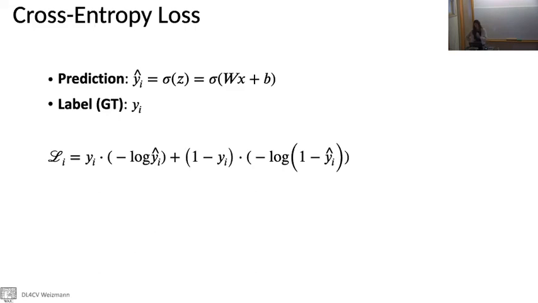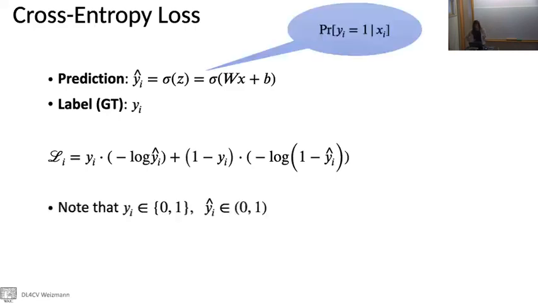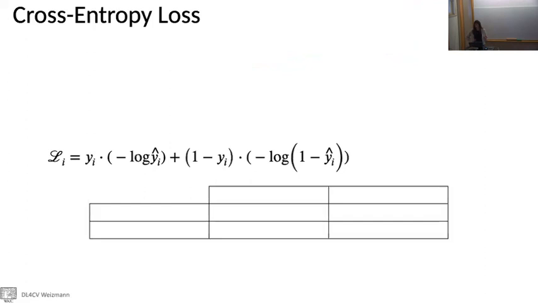And if our y_i is 0, we have only the second term, and here we want to push the prediction to 0. Just note that y_i is either 0 or 1, and the prediction lies between 0 and 1. Again, think of probability in mind. So we want to ask ourselves, is that a good cost function as we said?